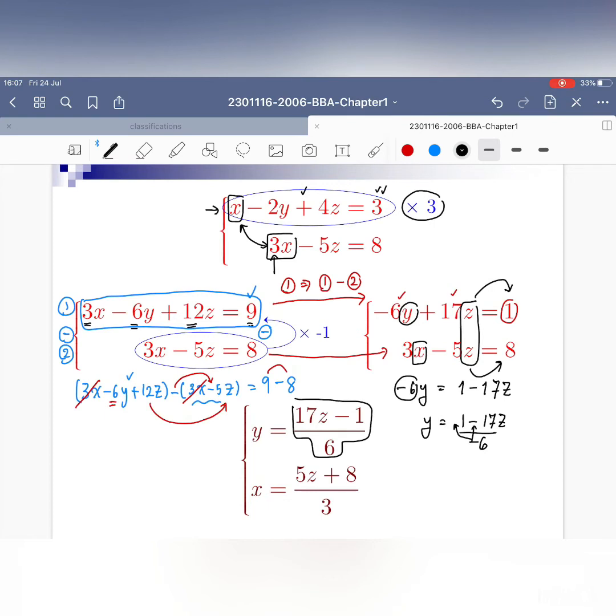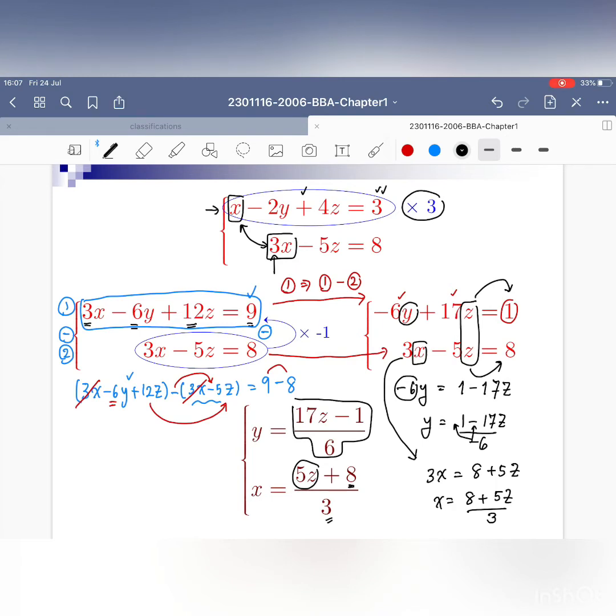And on the other hand, if you look at your second equation, you have 3x equals 8 plus 5z, and your x becomes 8 plus 5z over 3, or usually you write the variable first and then plus the 8, and then divided by 3.